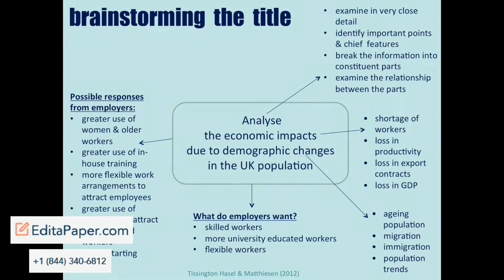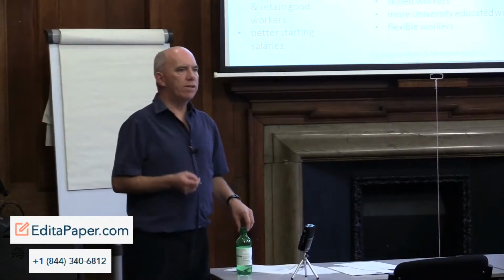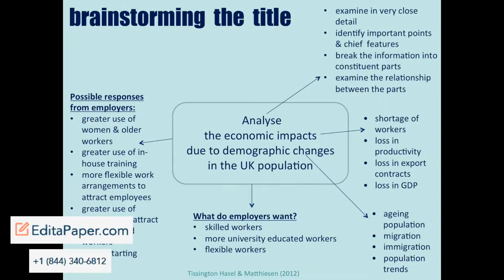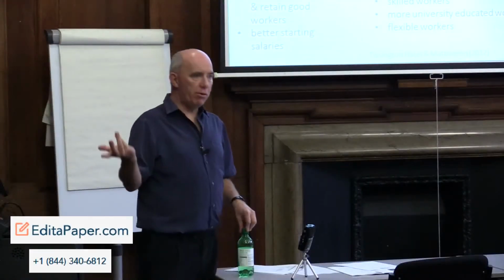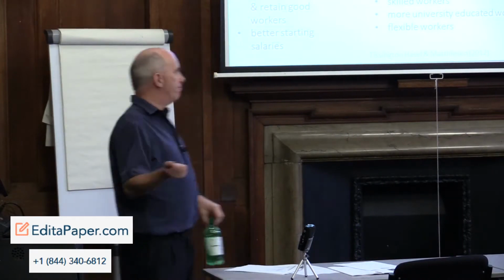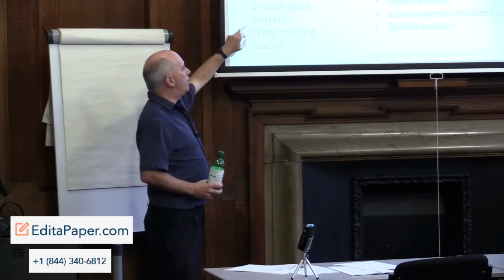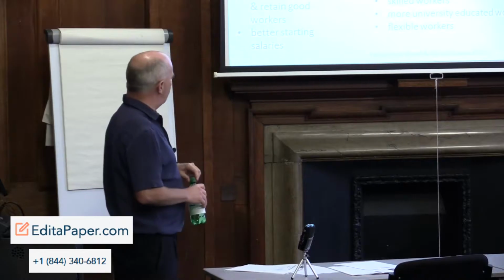Employers could look at greater in-house training. Instead of relying on the government to do the training, the companies themselves train their own workforce. More flexible working arrangements to attract employees, particularly people with children, obviously. And these days, if you've got older employees, they may be looking after their parents as well. Greater use of incentives to attract and retain good workers. That's what employers can look at.